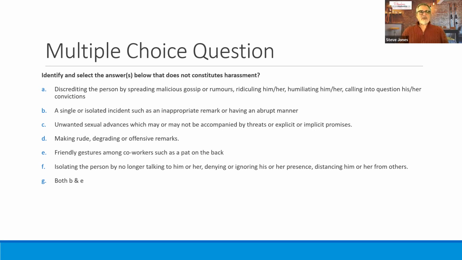A single or isolated incident, such as an inappropriate remark or having an abrupt manner. Now, by the way, a single event does not usually constitute harassment. Harassment is a recurring set of events or behaviors. However, it has been found that significant single events can be considered harassment.